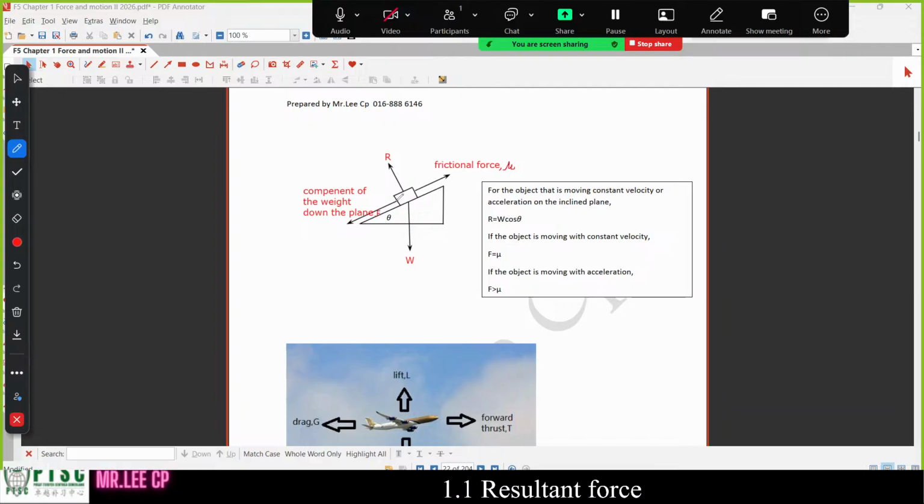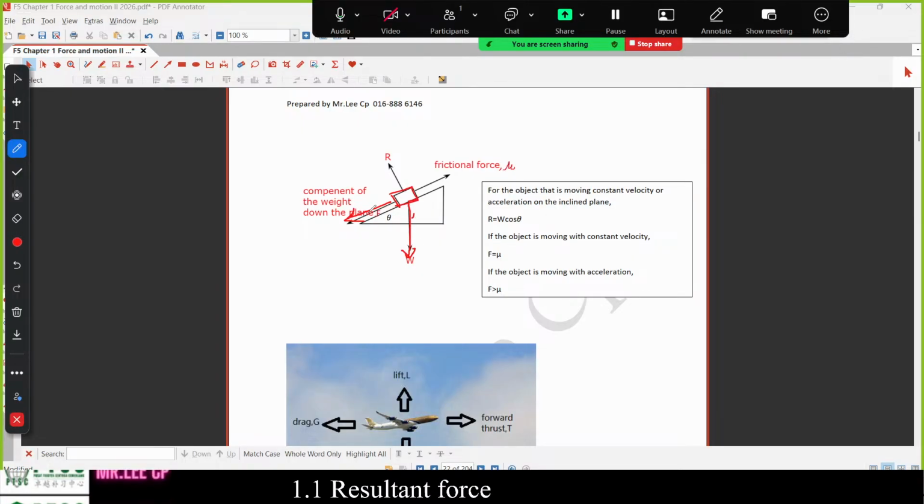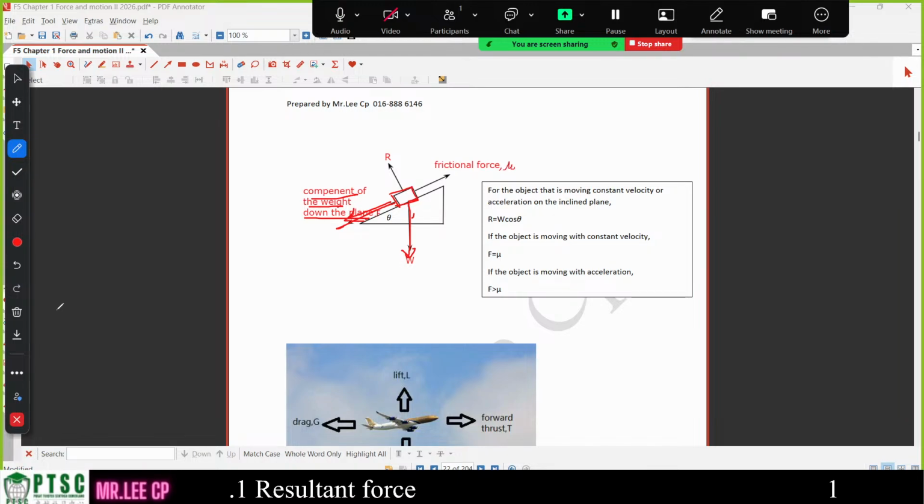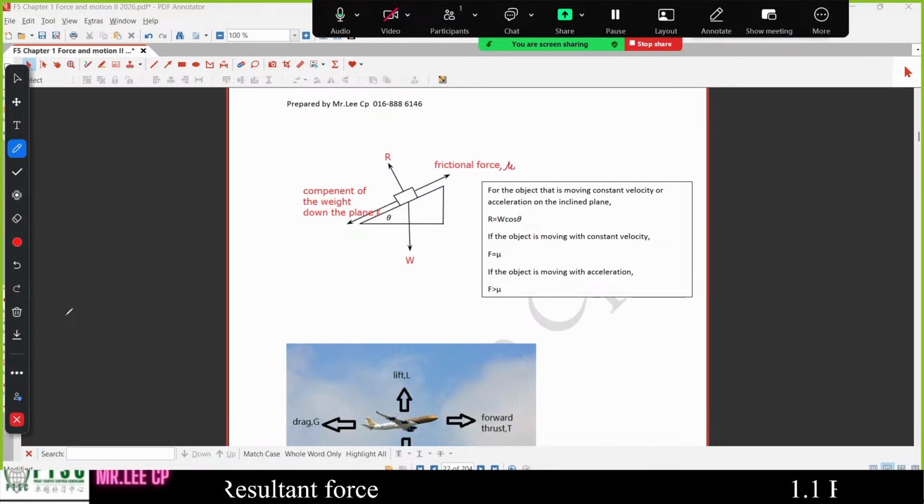So the object is going to slide down. Why? Because the weight pulls it down. So we call this the component of the weight down the plane. And then lastly, this is the frictional force that stops the object from moving downward.